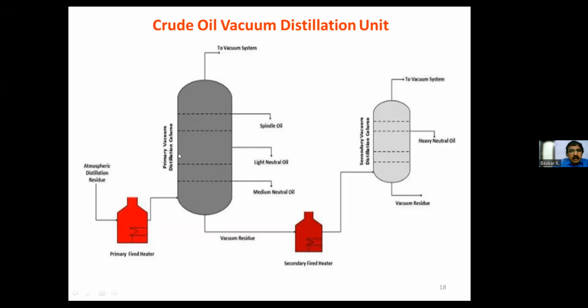The tower bottom goes to another heater, the secondary fired heater or furnace, and then to the secondary vacuum distillation tower where two more products are taken out. Here also we maintain vacuum to reduce the boiling point. Hope I am clear with this concept.